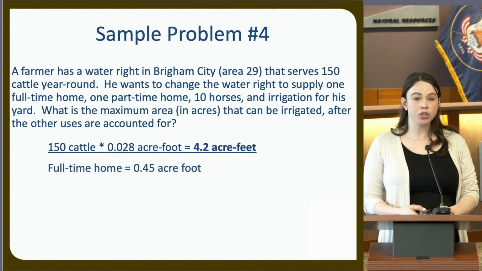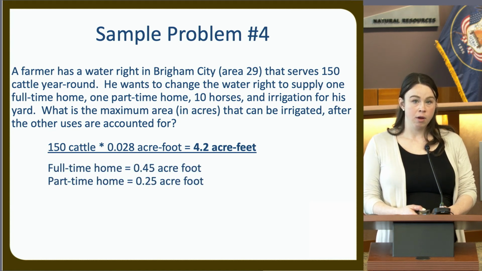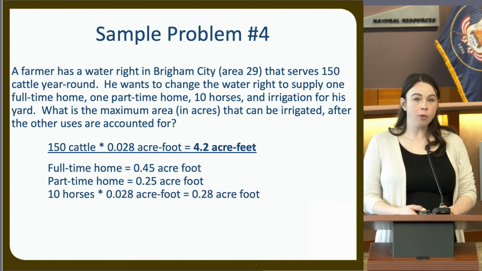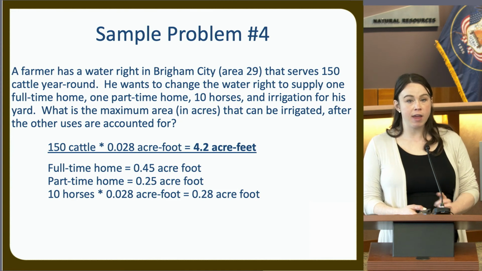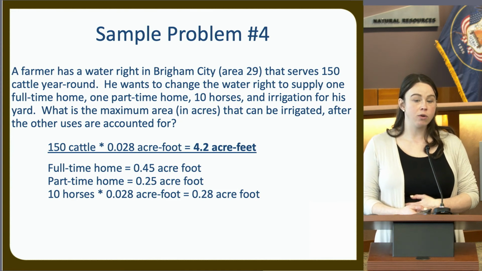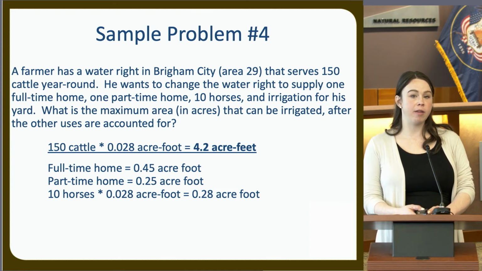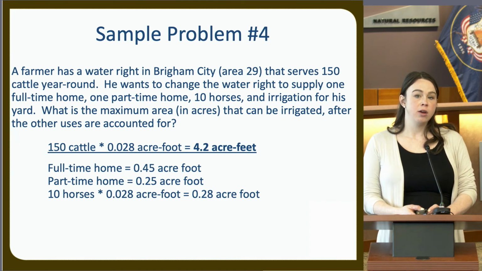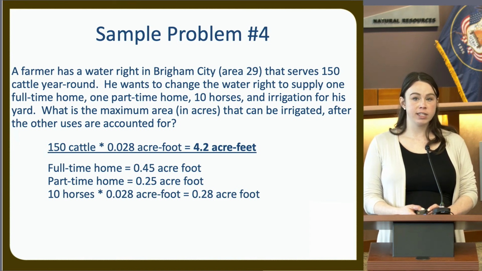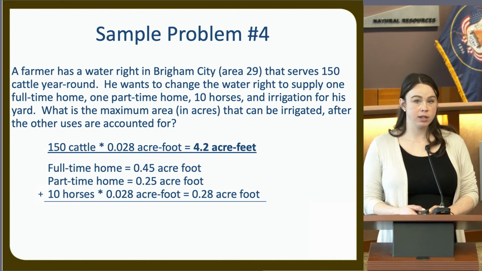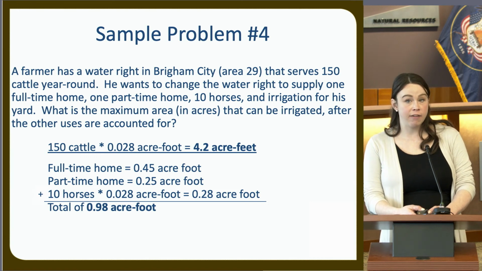So now let's figure out what he's changing. So we know for sure he wants the full-time home, the part-time home, which is 0.25 acre-feet always. And then he wants to retain some of that livestock. So 10 horses in this case. We multiply by the 0.028 fixed rate, showing 0.28 acre-feet. We can add that together and we'll subtract that from his original 4.2 acre-feet amount to see what he has left for irrigation.